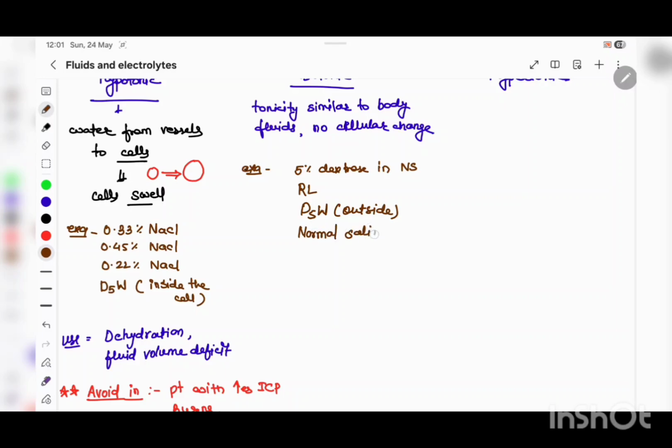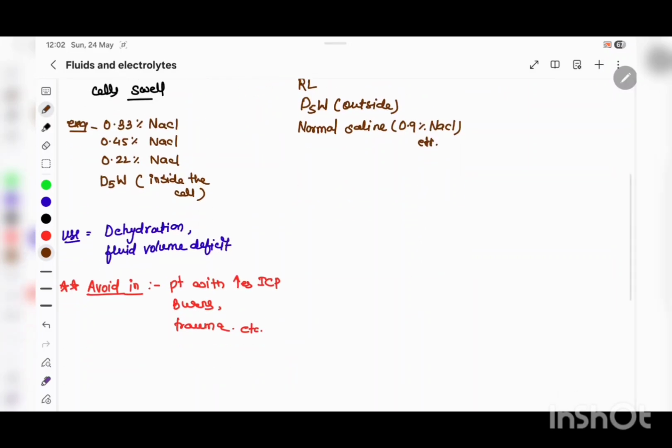We'll say it like normal saline. So these are the examples of isotonic solution. It's easy to remember isotonic solutions: 5% dextrose in NS, RL, and D5W outside. You can leave this D5W because it creates confusion.